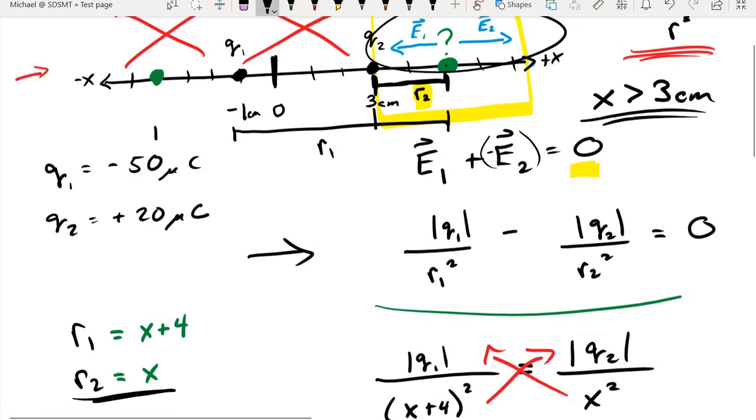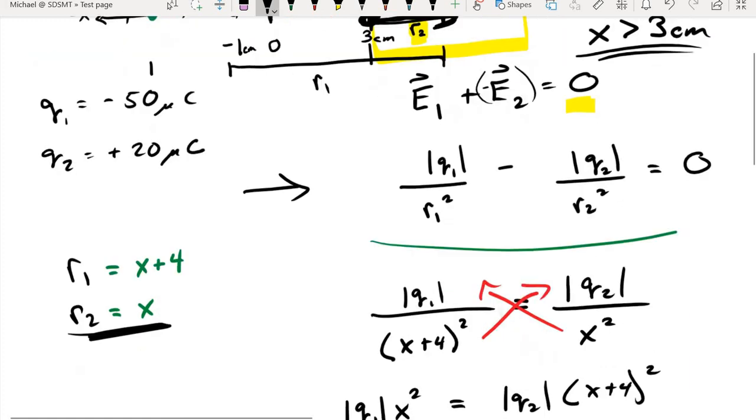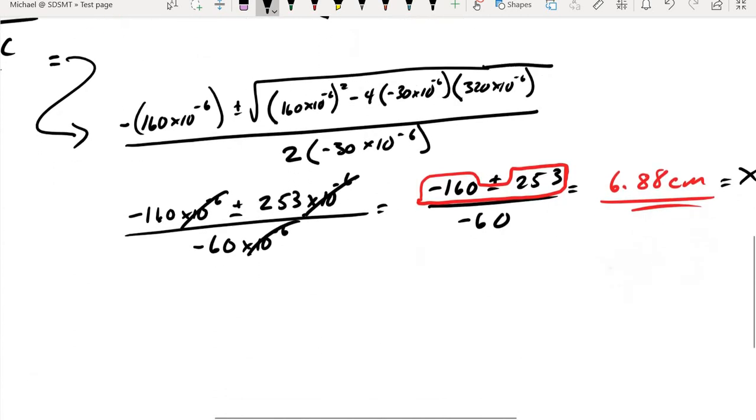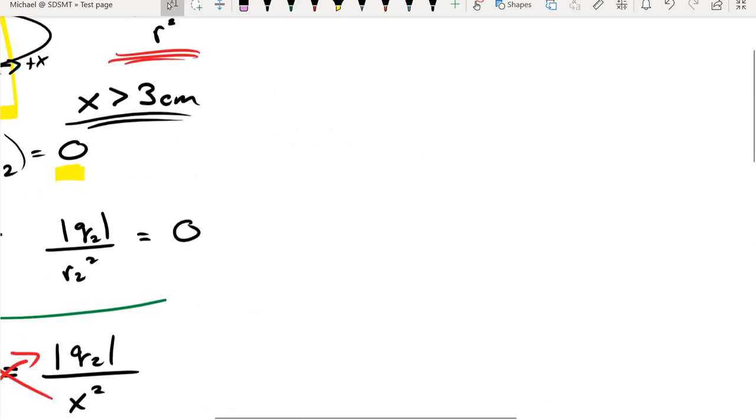And we said that the length of R2 was equal to x. So starting right there at Q2 and measuring out, that is the distance of x. I have a solution of 6.88, but this is 6.88 centimeters away from charge 2.